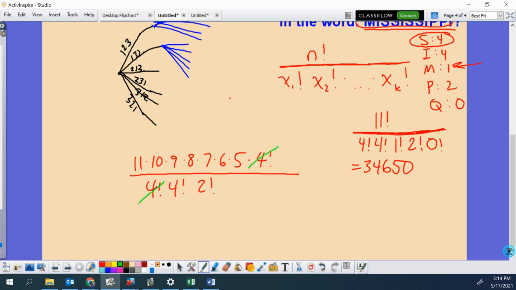And you can cancel a lot typically. 4 factorial is 4 times 3 times 2. So if stuff doesn't match up quite right, I might just do 4 times 3 times 2, leave out the 1, and then you can reduce the 4 and the 2 with the 8, and then you can reduce that 3 and that 2 with the 6, and you end up with 11 times 10 times 9 times 7 times 5, which is a little less daunting. I'm not going to have you watch me multiply that out, but we could probably all get through that one without too much pain. Anyway, that's all there is to distinguishable permutations.